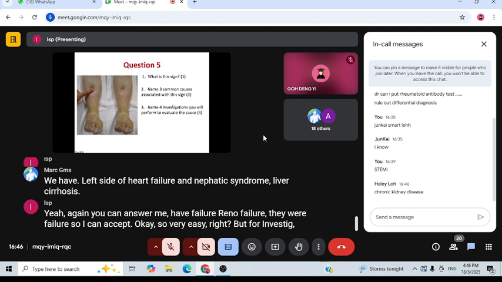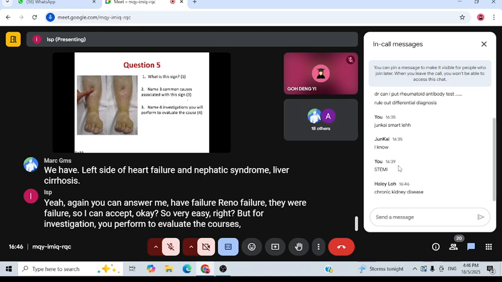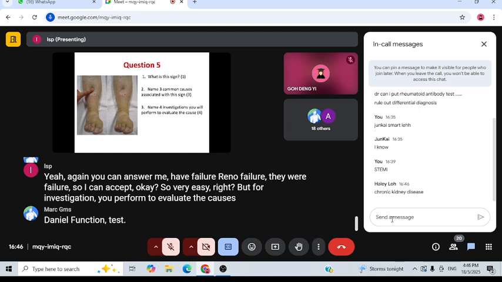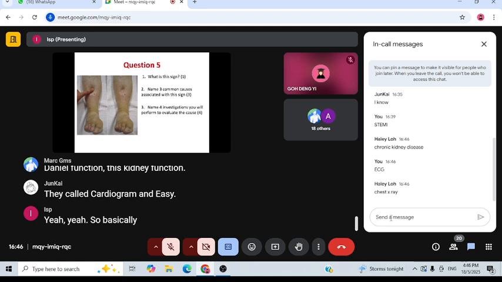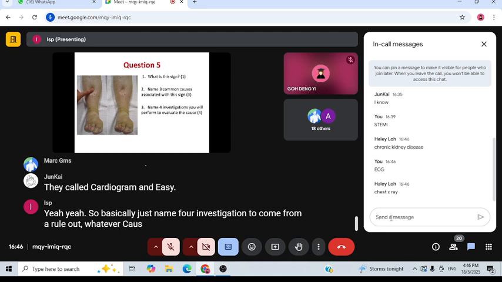What 4 investigations would you perform to evaluate the causes? Renal function test, kidney function, echocardiogram and ECG. Basically, you just name 4 investigations to confirm or rule out whatever causes you mentioned just now.